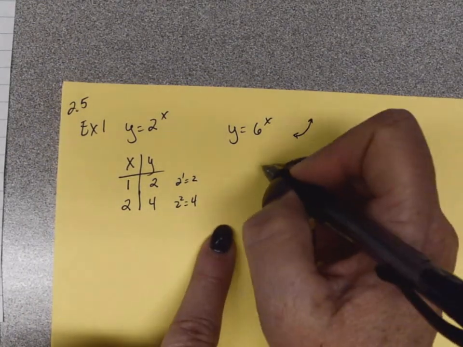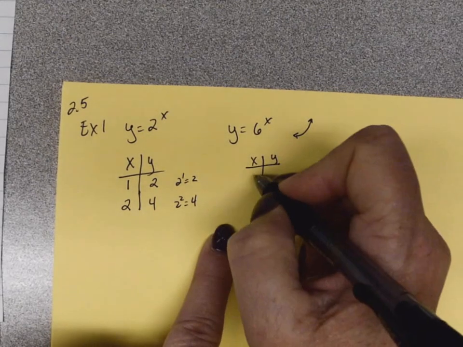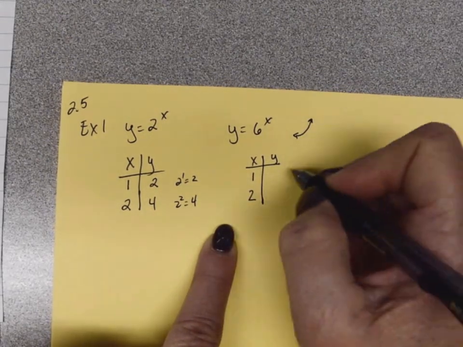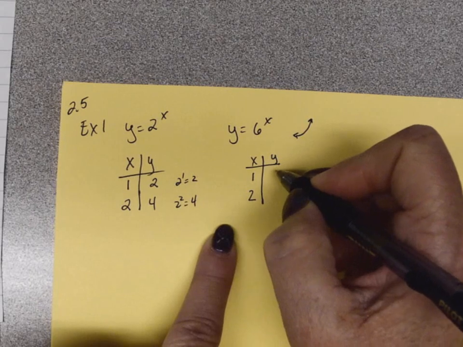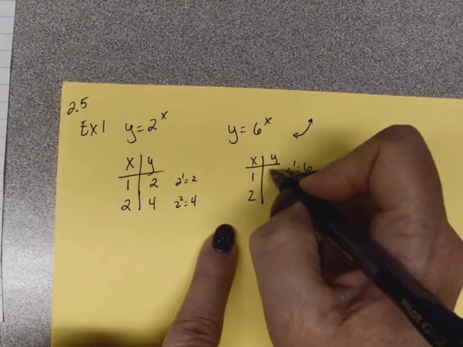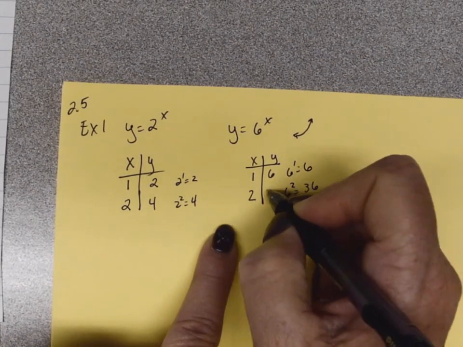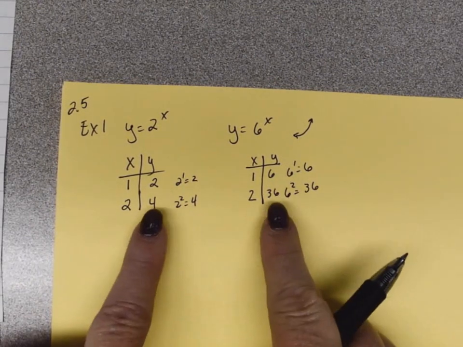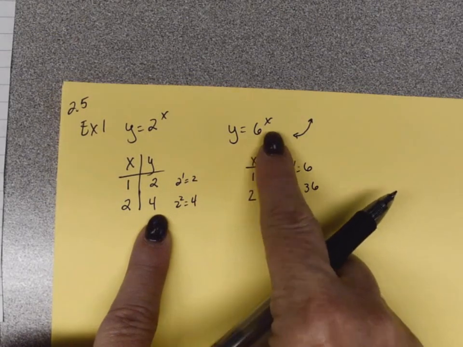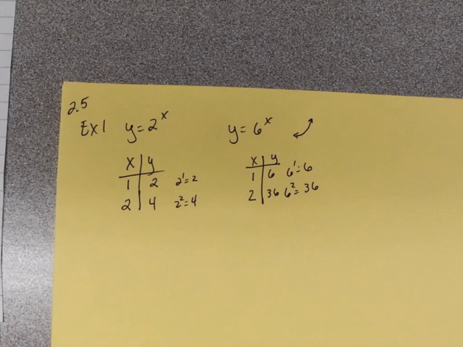Let's do the same thing over here with our x and our y, using the same numbers. So 6 to the 1 gets us 6, and 6 to the 2 gets us 36. You can see how much quicker y equals 6 to the x is going to increase. It will have a steeper graph.